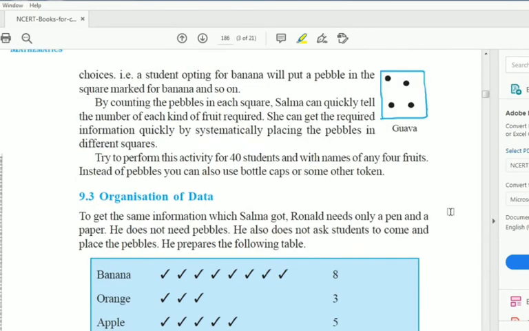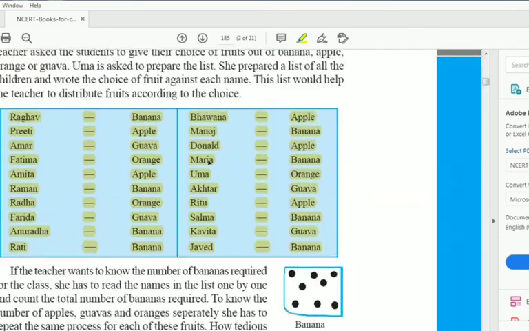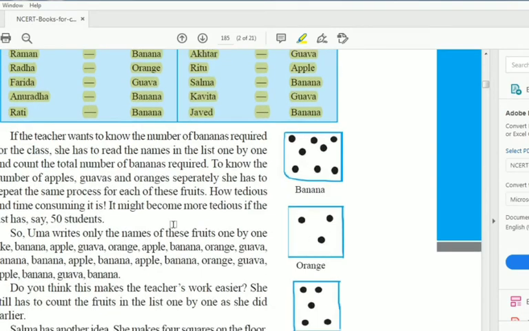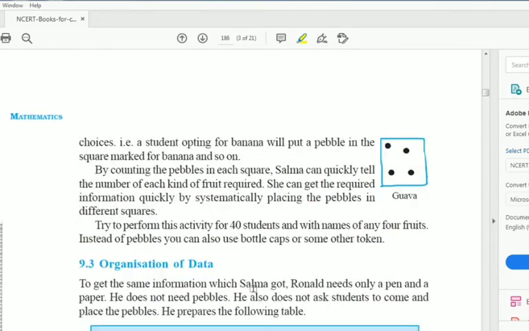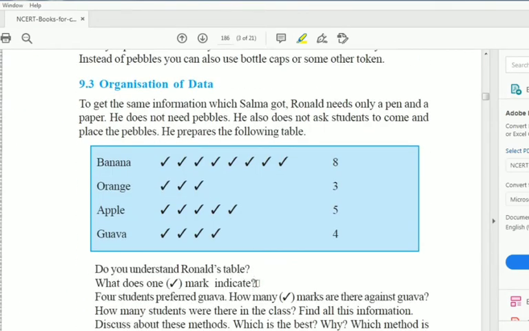What did Uma do here? Uma wrote everyone's name and wrote his or her favorite fruit. And Salma made squares as per fruit and told the students to pick up a pebble and keep it in the box of whichever fruit is their favorite. But Ronald did something different. Look here.